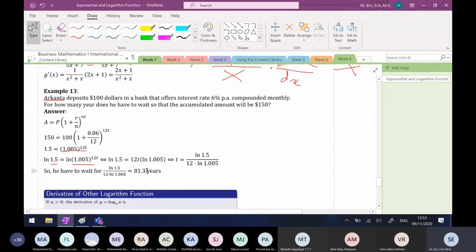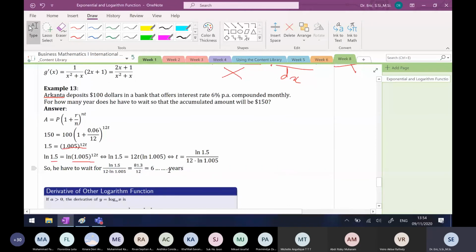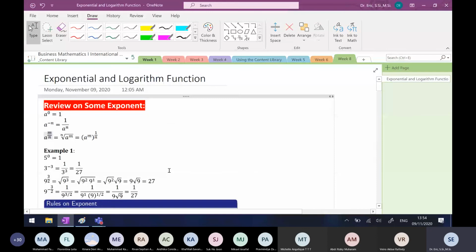But if you have a calculator, you can calculate this divided by 12. I think it will give you 7 comma something years. So 6 or 7 years or so. I think that would be all.